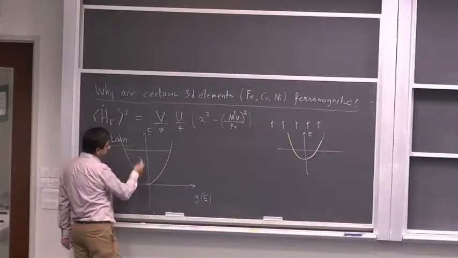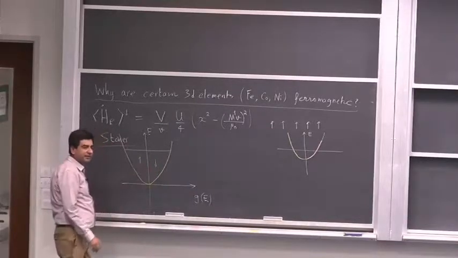One is spin in one direction and the other represents spin in the other direction.